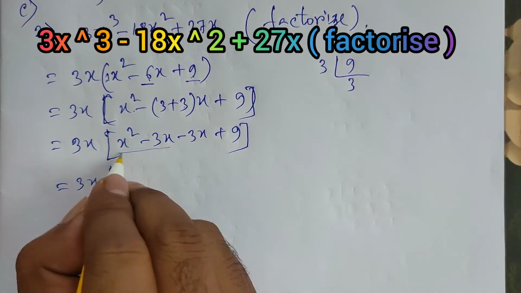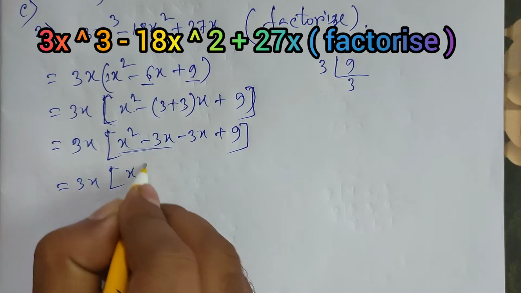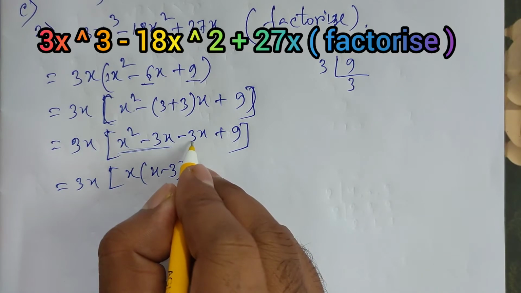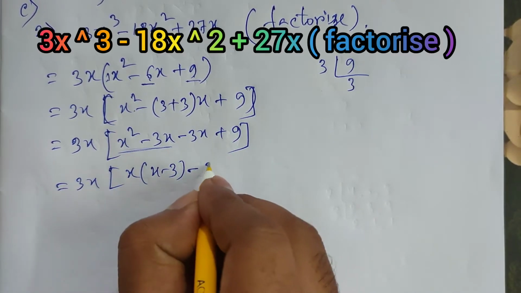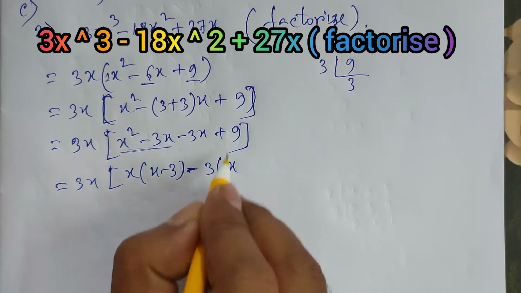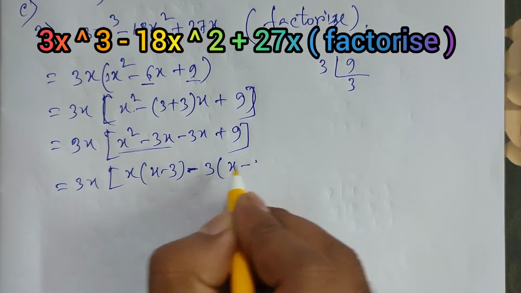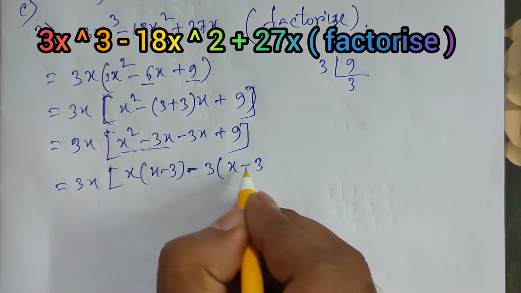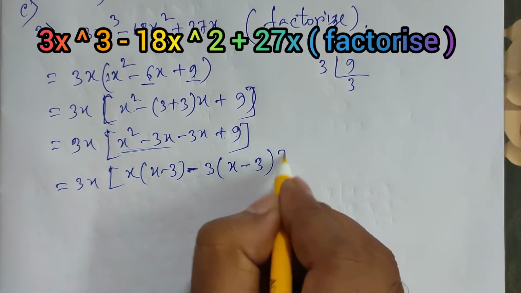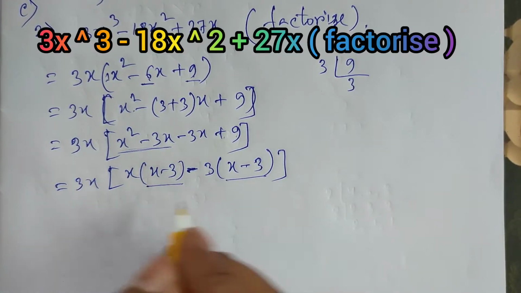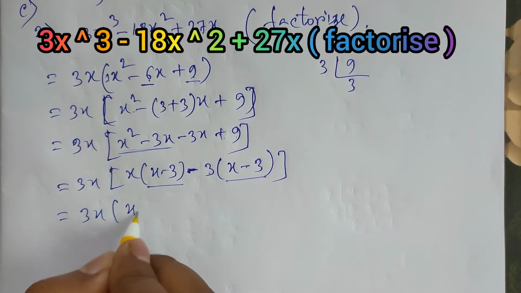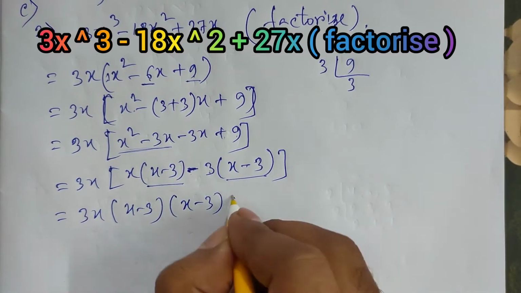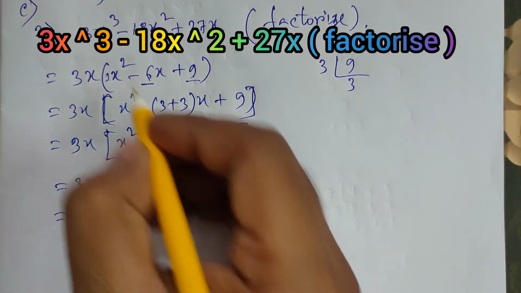We are taking common x from these two terms, so x and x minus 3 will be here, and here is minus minus, and taking common 3 from both terms, so 3 and x will be here, we are taking minus, that's why this plus will be minus, and 3 is common, that's why 9 will be 3, that means 3 multiply 3, that means 9, minus minus, it will be positive. Okay, then x minus 3 and x minus 3 both are common part, so 3x and x minus 3, and here the rest part is x and minus 3. So this is the answer of this factorization problem.